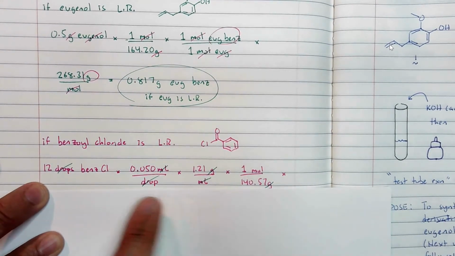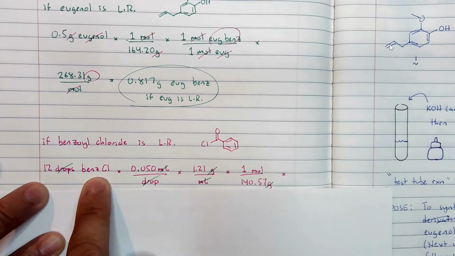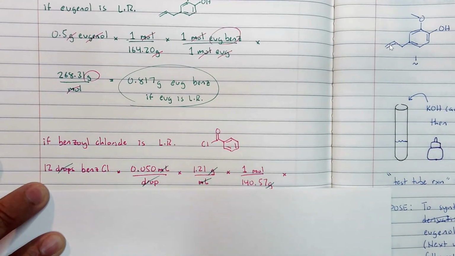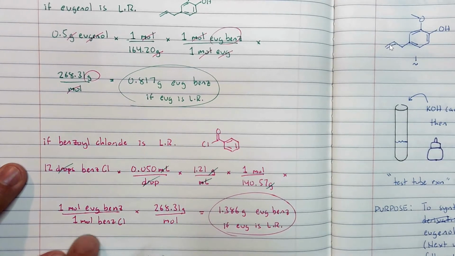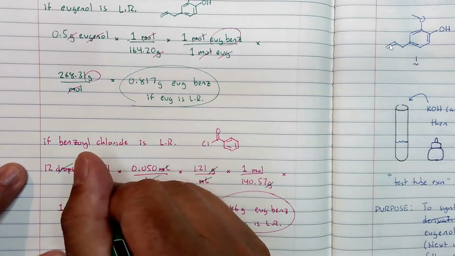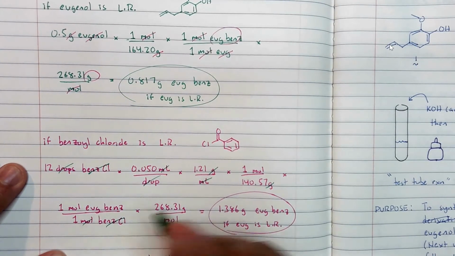So what am I doing? I'm ultimately, in this first line, getting moles of benzyl chloride. But I really want moles of the product. So there's your mole bridge, right there. And then that means I could get rid of benzyl chloride, and this mole, right there.